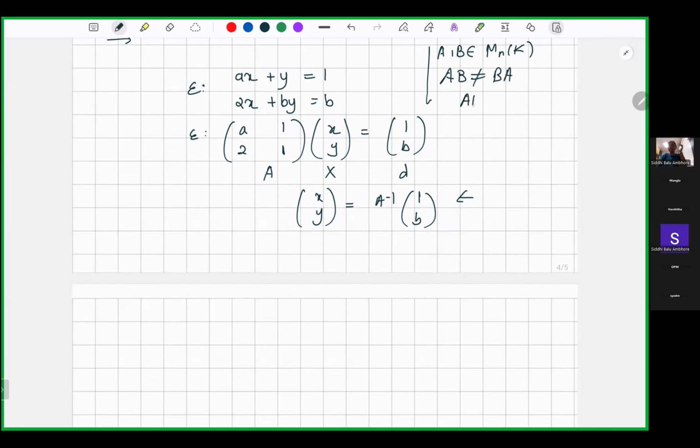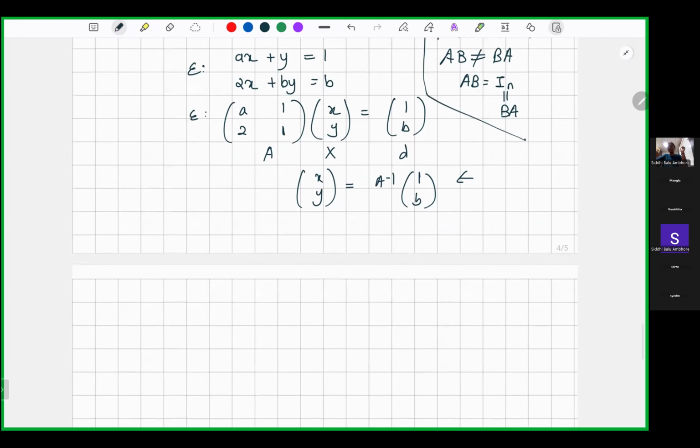But the moment I have AB equal to the identity, then BA will also be equal to the identity. So when the inverse exists, it will always be unique and it will commute. If AB is equal to I_n, then BA will also be equal to I_n. You need to think properly about this. That's why the inverse of a matrix is always unique.